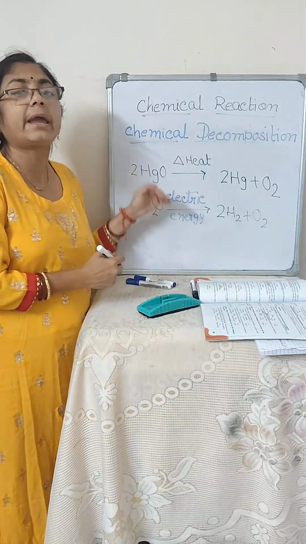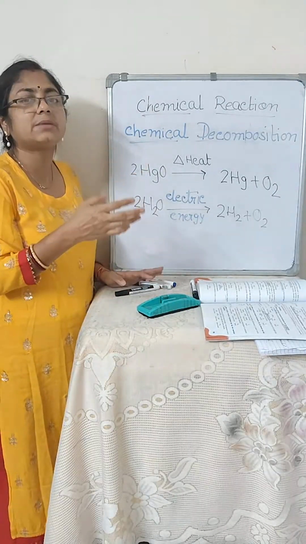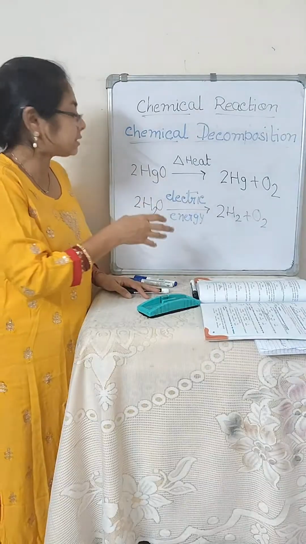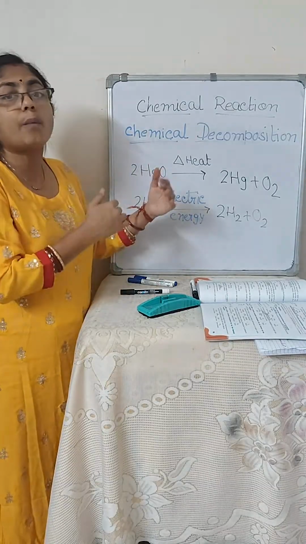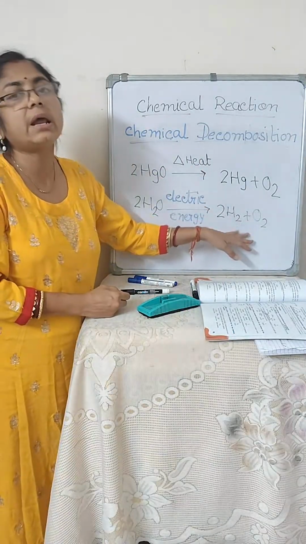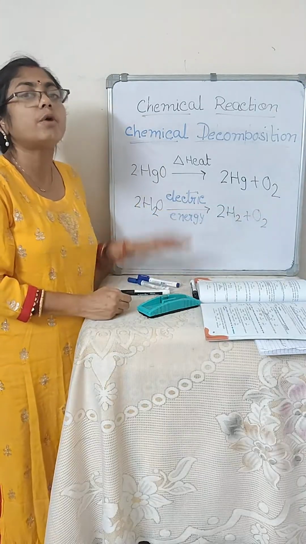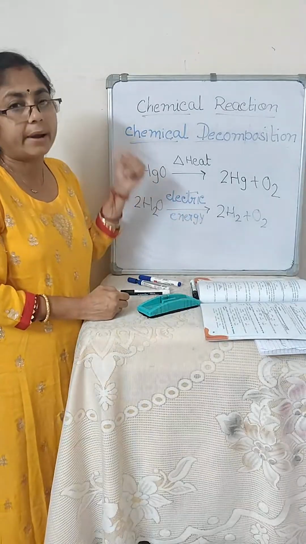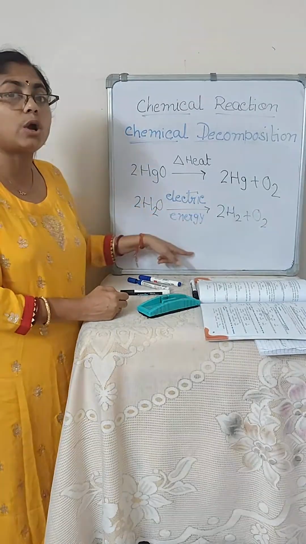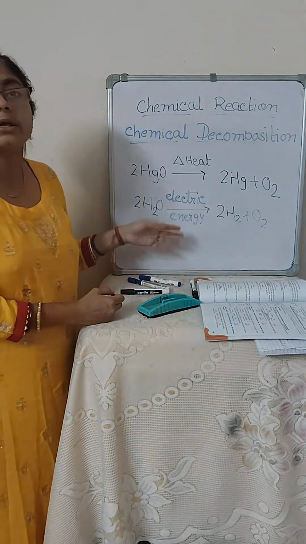It means electric energy is needed. When we take some water and add some sulfuric acid, meaning change it into acidic type, and then pass electricity, the water decomposes. Water breaks down into two elements: one is hydrogen and one is oxygen. It is also an example of two elements. When one compound breaks down, after decomposition two elements happen. It is the example of that, and also an example of electrical energy being used. So we can do this one.